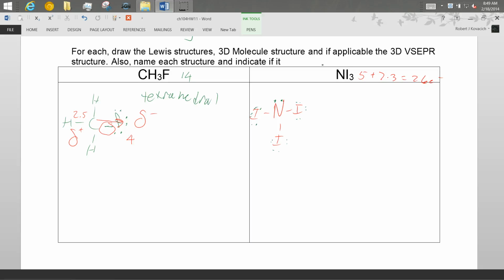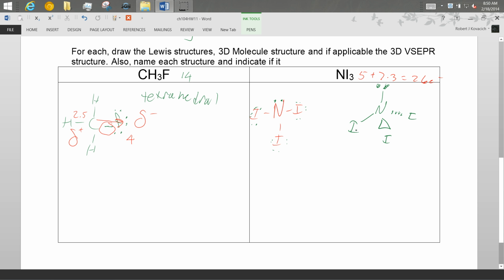Tetrahedral. How many things are around it? No, 4. There are 4 things around it. There's a nitrogen, and then there's a lone pair of electrons, and an iodide, and an iodide, and an iodide.